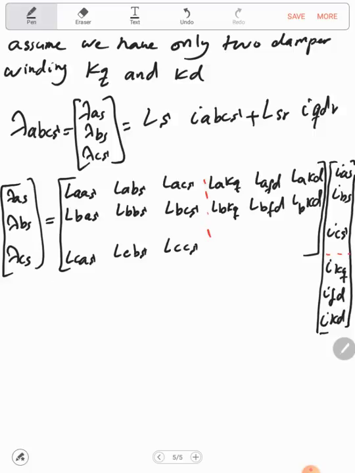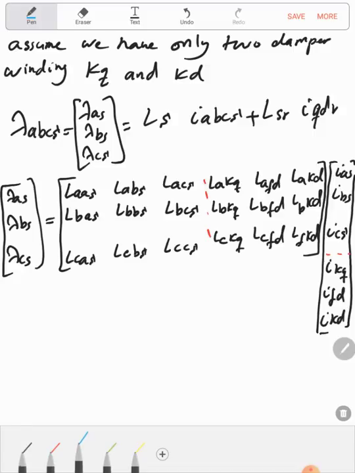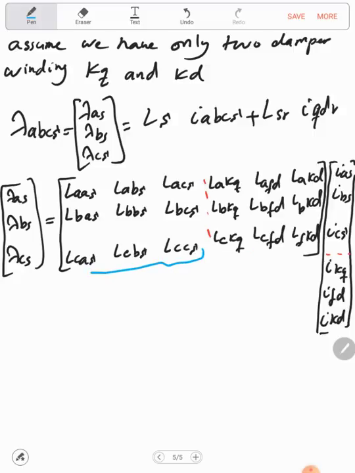Now this will be the LCKQ. This will be the inductance value, which is the LCFD, and this will be the LCKD. So this actually is the LS, and this actually is the LSR.